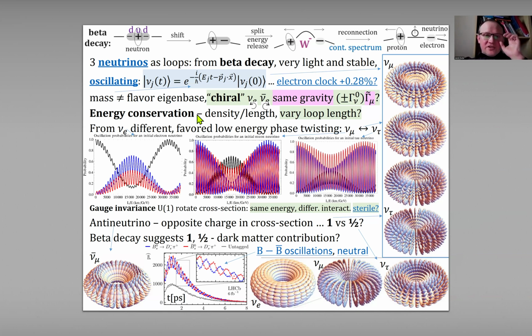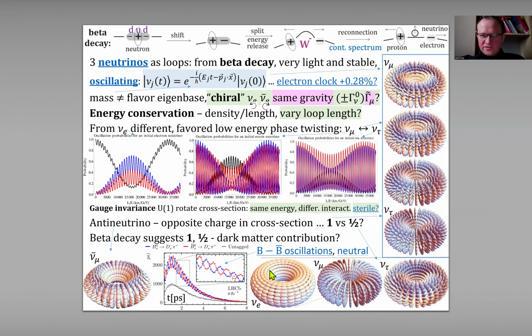Then we have the energy conservation, which could vary per length, and there is mainly the oscillation between muon and tau neutrino like this.